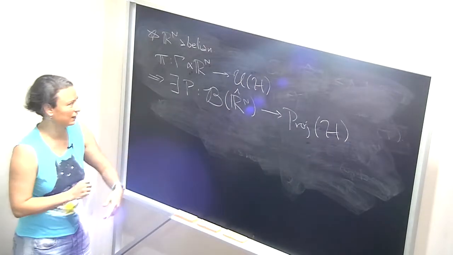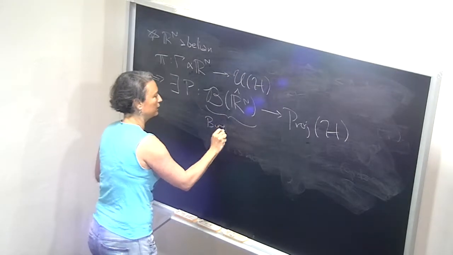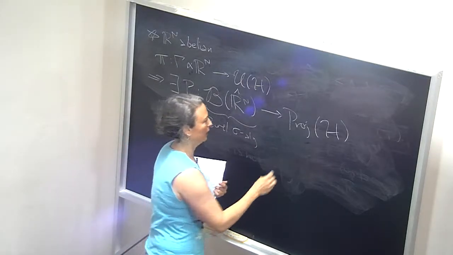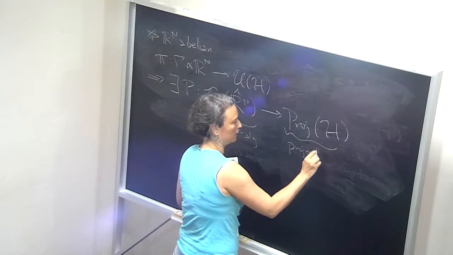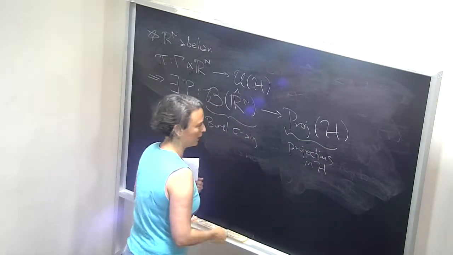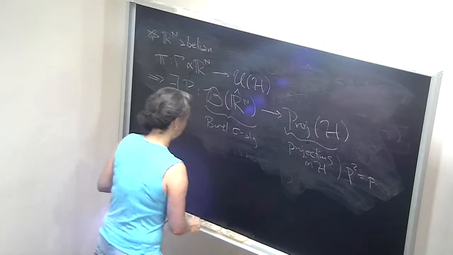Okay, I'm going to explain that in a second. Let me just say here, this is the Borel sigma algebra on R^n dual, and these are the set of projections in H. Okay, doesn't really matter, but they satisfy this property.